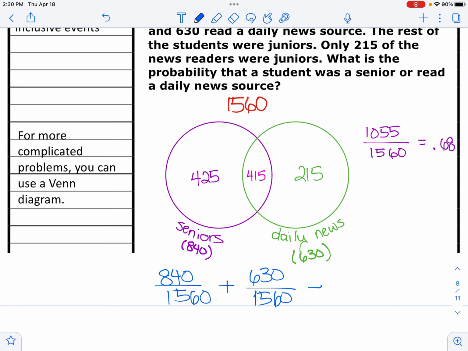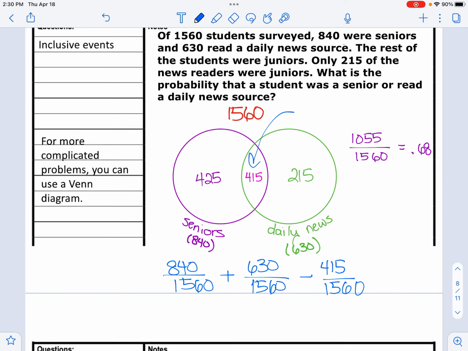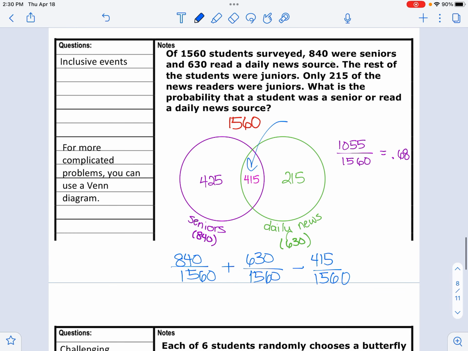So you would still need to figure this number out. Now, we've already done it on our Venn diagram. So you can do the Venn diagram and use it this way and still do the formula. Or you can do it the other way that we talked about. Now, if I go 840 plus 630 is 1,470 minus 415 is 1,055.